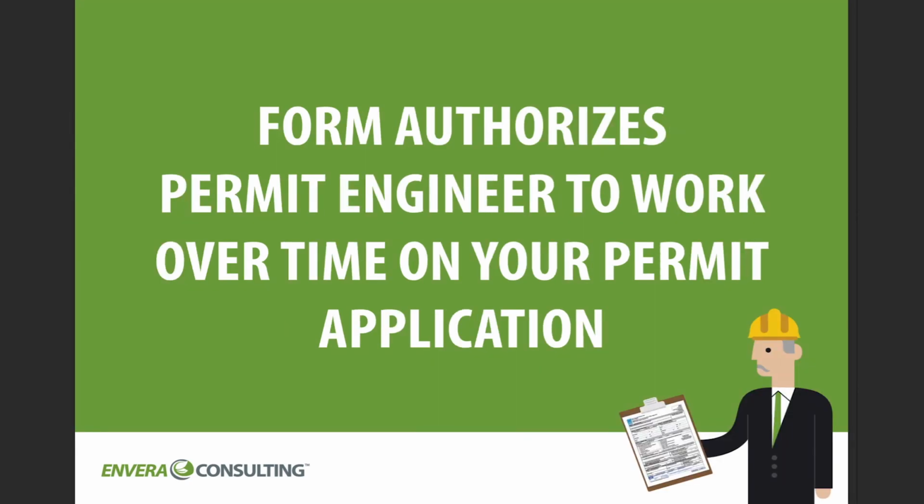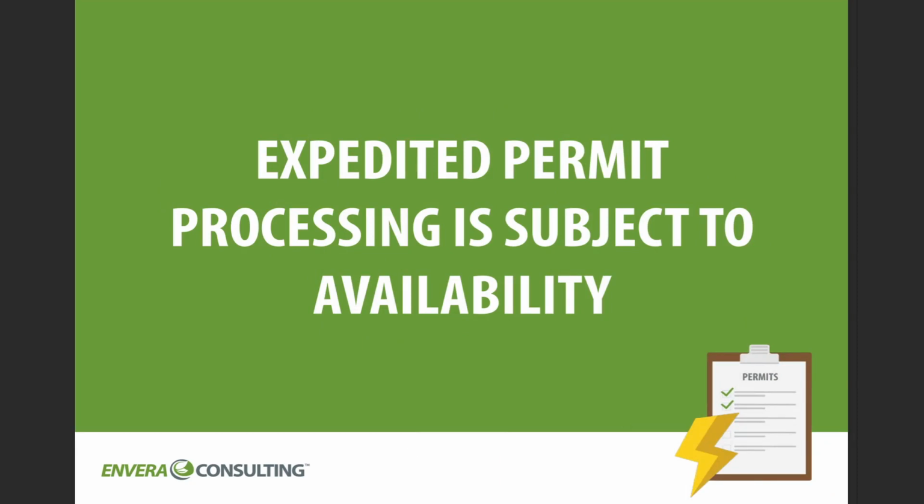By submitting the Form 400 XPP, you authorize the permit engineer to work overtime on your permit application in order to expedite the processing of your permit application, and thus the issuance of your permit at the end will be faster. Generally, expedited permit processing is subject to availability, and you won't really know if your permit can qualify for expedited permit processing until you submit the form and pay the fee.